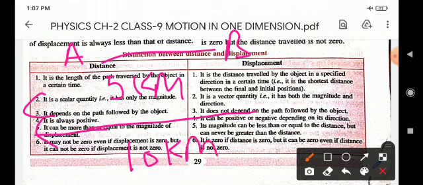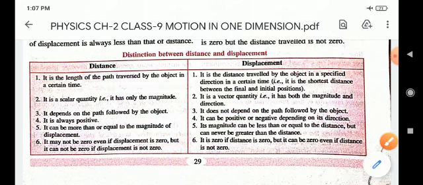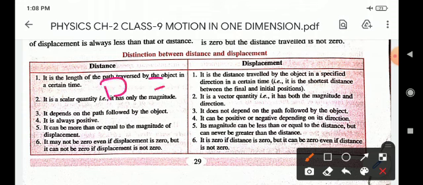Okay children, then distance is equal to 5 plus 10, that is 15 kilometer. But displacement is equal to 5 kilometer minus 10 kilometer, that is minus 5 kilometer, because it is dependent on the direction.